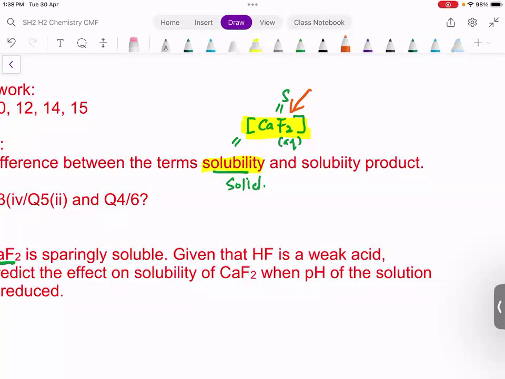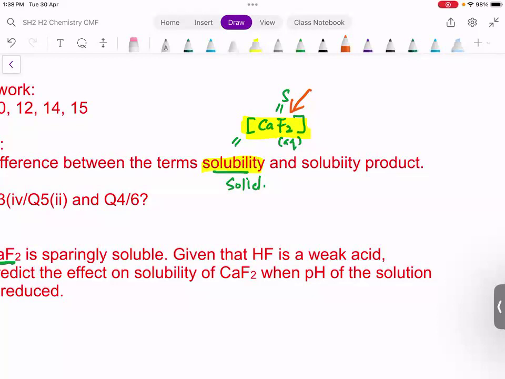Instead, they ask you to calculate the concentration of this sparingly soluble compound in 1 dm³ of solution. Okay, so that is equivalent to solubility. If you don't believe me, you can refer to the handout that I gave you this morning. The handout is A-level questions. So you can take a look at how they phrase the question. You must understand what they're asking for.